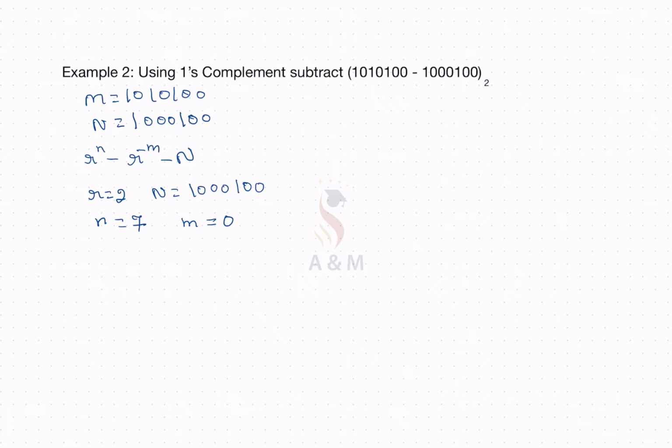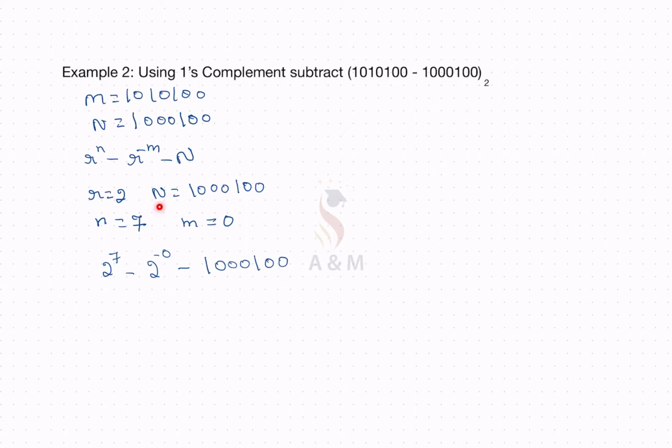Now substitute these values into the r minus 1's complement formula. We get 2 to the power 7 minus 2 to the power minus 0 minus 1000100.